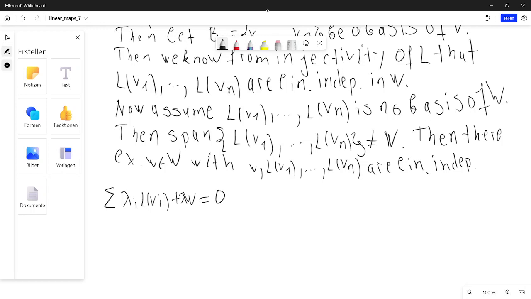And then if that would not be in the span, then the vectors would be linearly independent, because if the vectors are not linearly independent, this is contraposition, right?